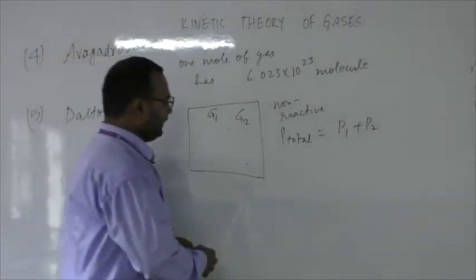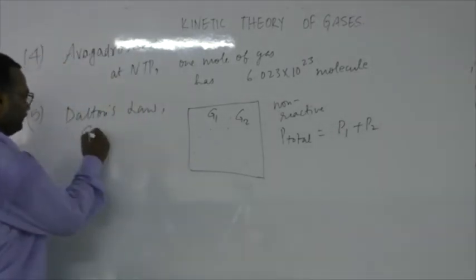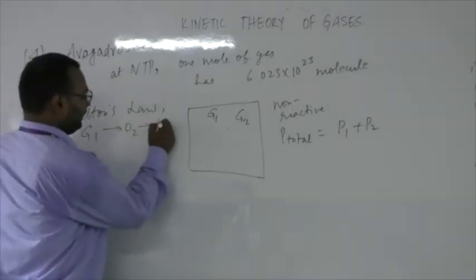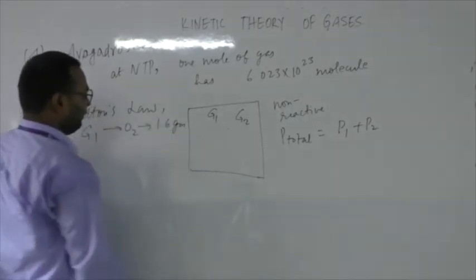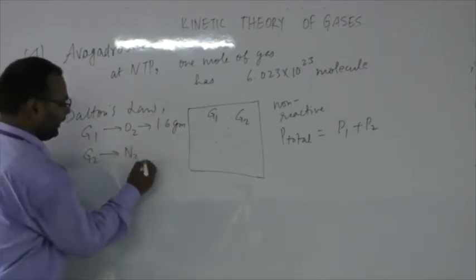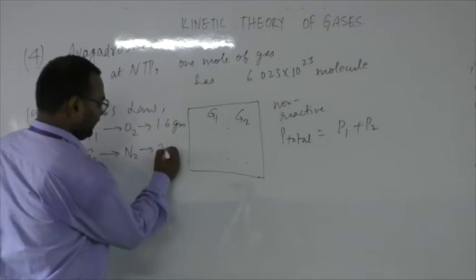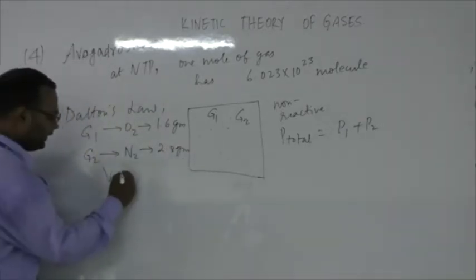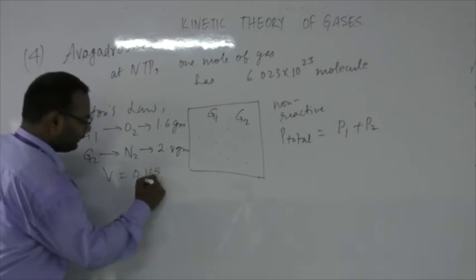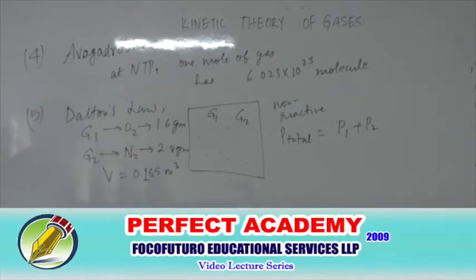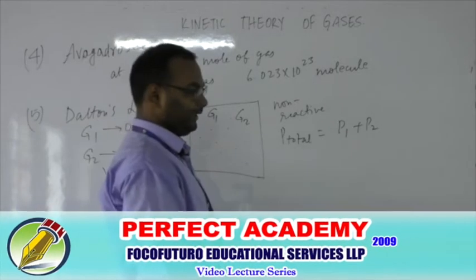Okay, let's take an example. Gas 1 is oxygen and 1.6 gram is taken. Gas 2 is, let's say, N2, and 2.8 gram is there. Volume of container, just take 0.165 meter cube. You have to find P total in this case.